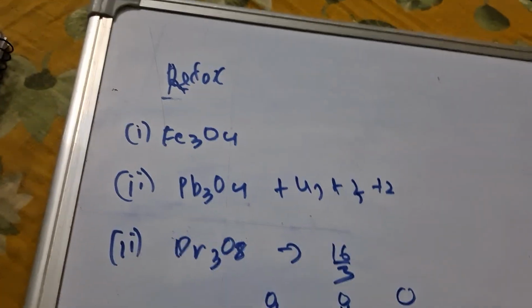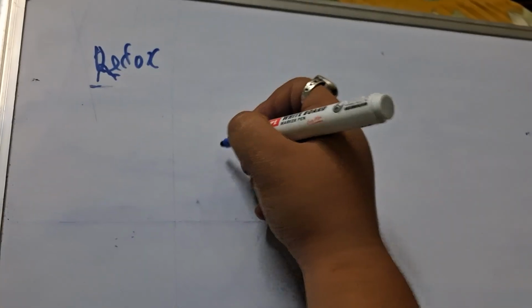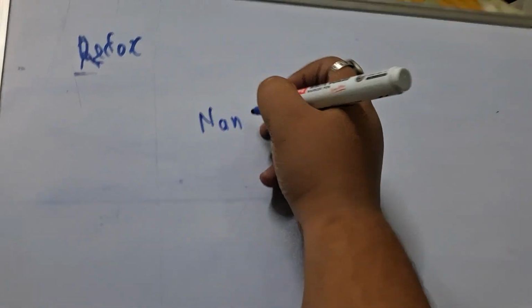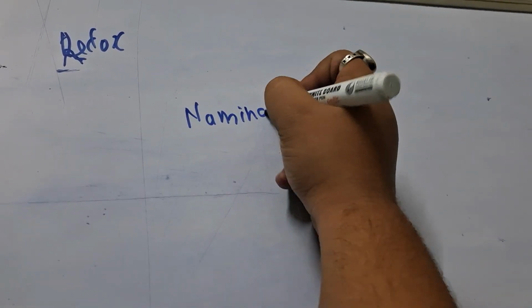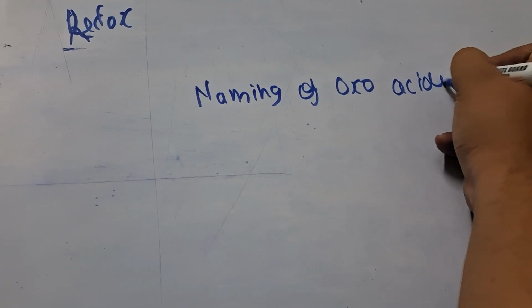All right. Now let's go to naming, naming in redox. Naming of oxo acids.